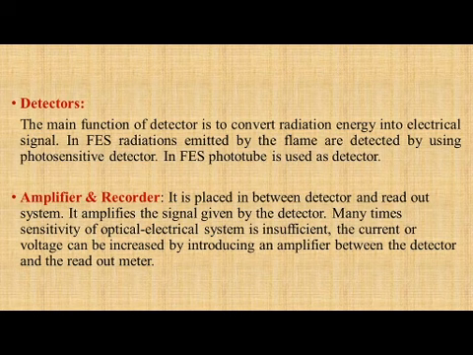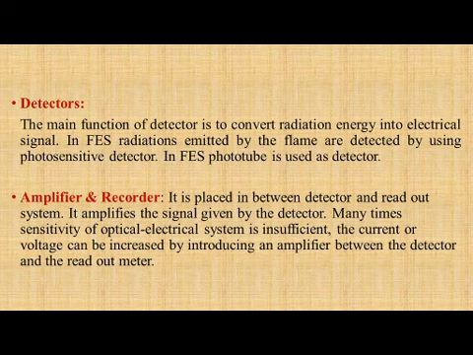Next component is the amplifier and recorder. The amplifier is kept between the detector and the readout system. The main function of the amplifier is to amplify the signal given by the detector. Many times, the sensitivity of the optical electrical system is insufficient.